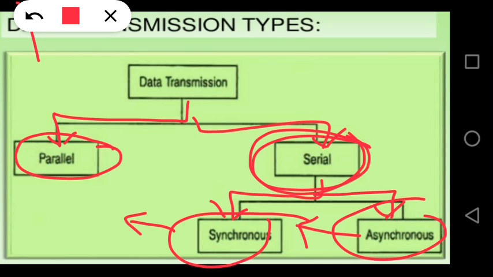So the data transmission is of two types, parallel and serial. Synchronous and asynchronous data transfer, transmission, both are same words, come under the category of serial type of data transmission.